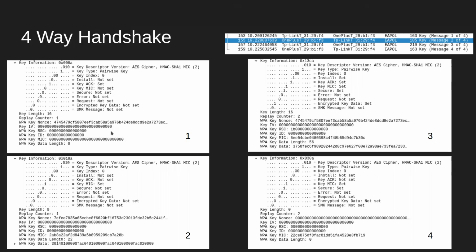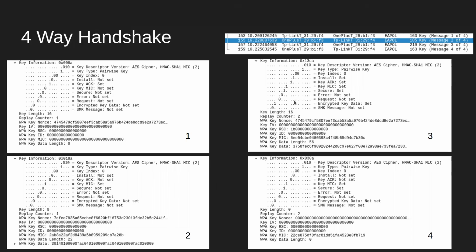It contains no other data. And the second message contains the nonce from the client to the access point. And at this point, the client has also generated the pairwise transient key, and it also sends some key data as well as the MIC to the access point.